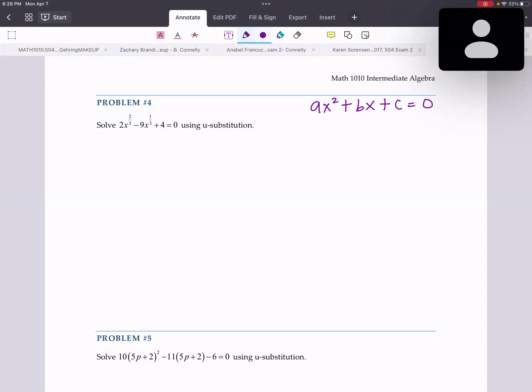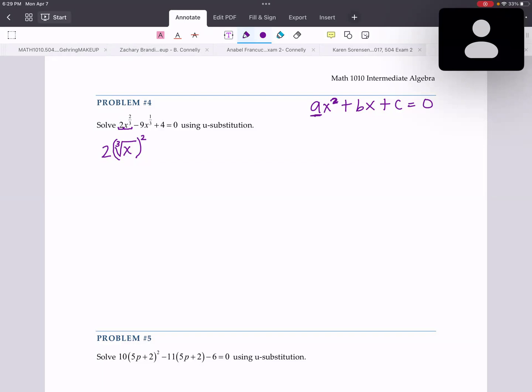Now remember, this 2 is separate from that x to the 2/3 power. So I've got 2, and then x to the 2/3 would be the cube root of x, all squared. And so can you see now we have it kind of in that form, right? 2 is like the a part there, and then the rest of that is our x squared part.